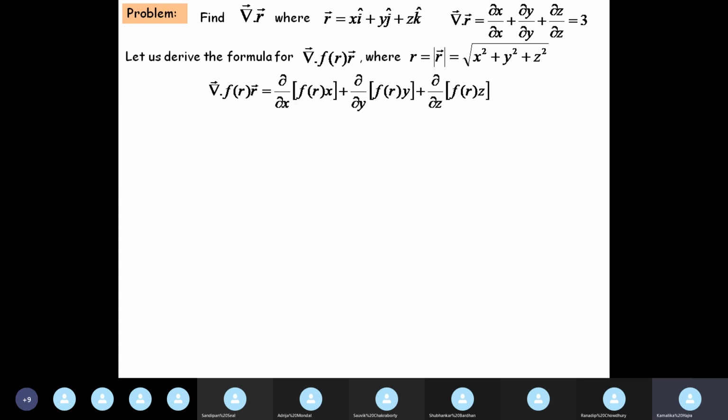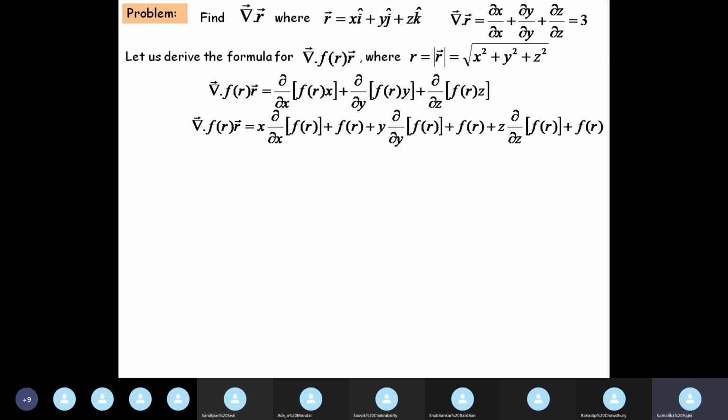So divergence of f(r) r vector according to the definition will be given by del del x of f(r) x plus del del y of f(r) y plus del del z of f(r) z. If you do by-part partial differentiation of each such term, then what you get is this.